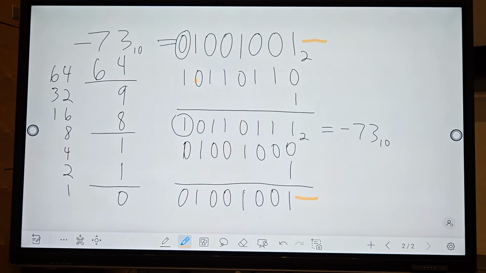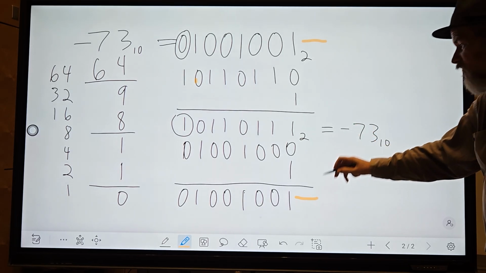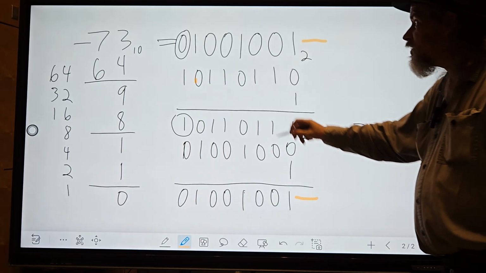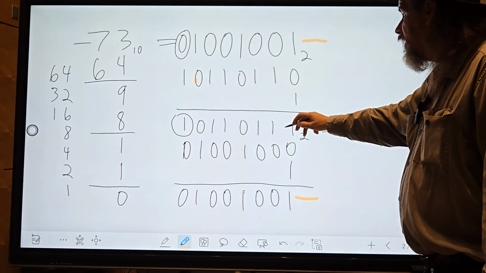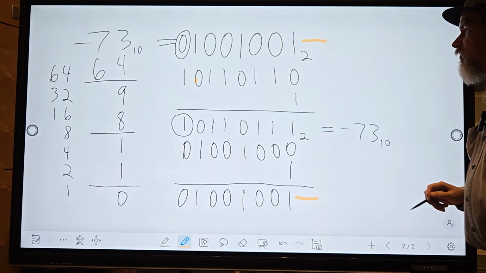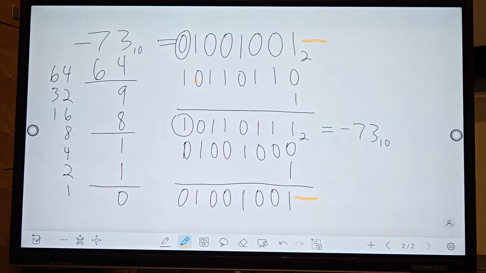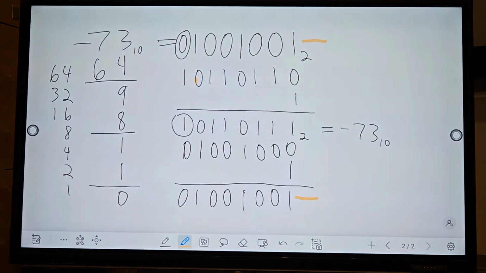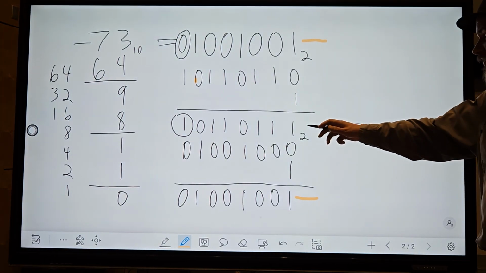That's about it for binary. That's how you convert from binary to decimal and decimal to binary. Convert a negative number to a positive number, or a negative number to a signed 8-bit 2's complement binary number.